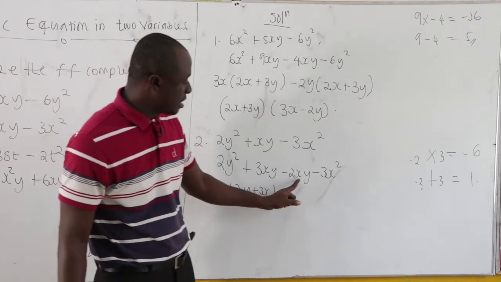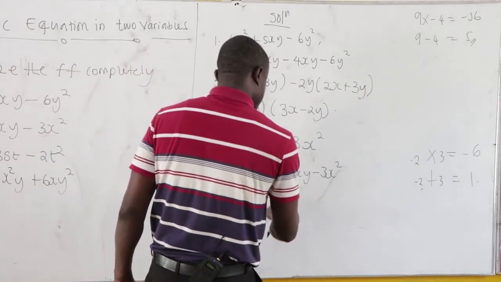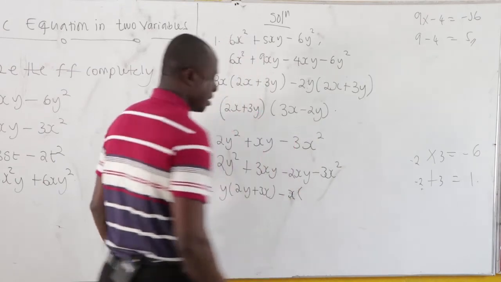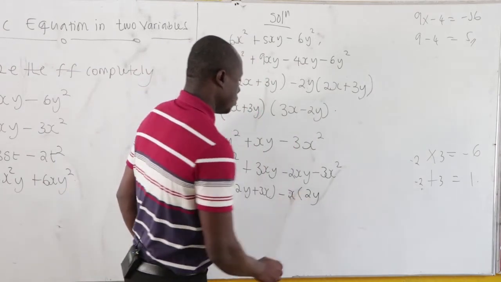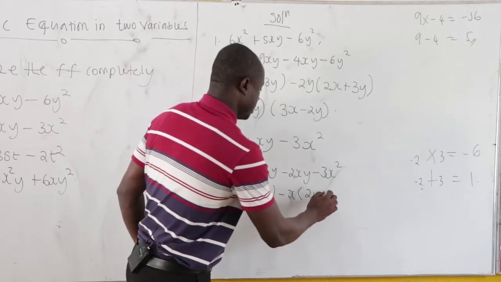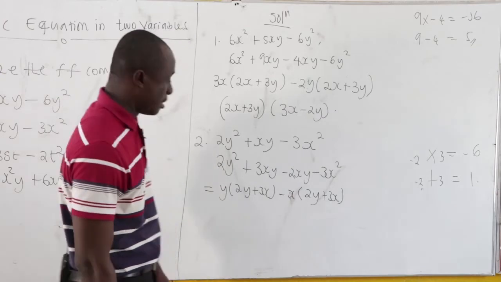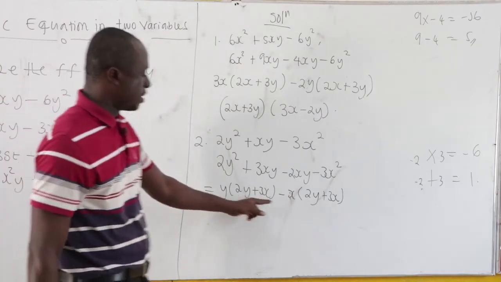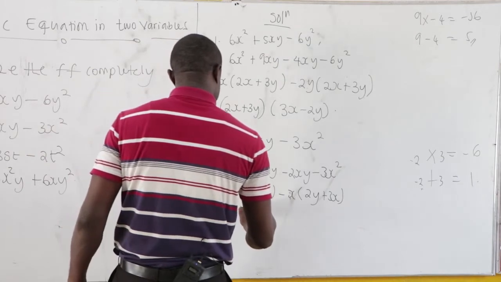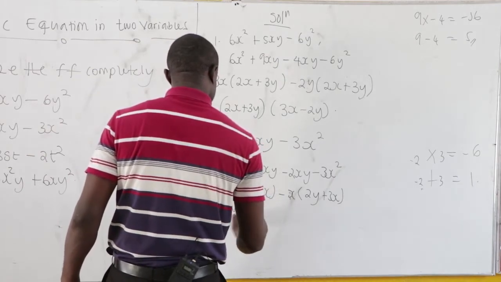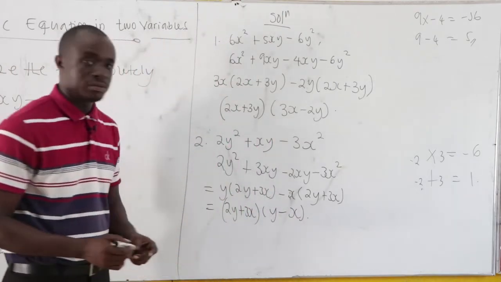Now here x is common, so we can bring minus x out. What do we have? We have 2y plus 3x. Negative times positive is negative, that's what we have here. We have 2y plus 3x, 2y plus 3x, so we can bring that one out. So 2y plus 3x, and then you have y minus x.